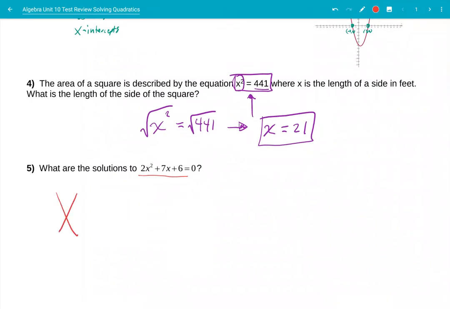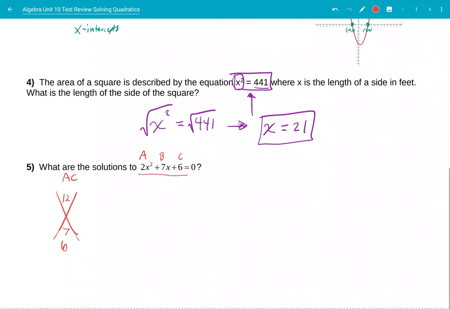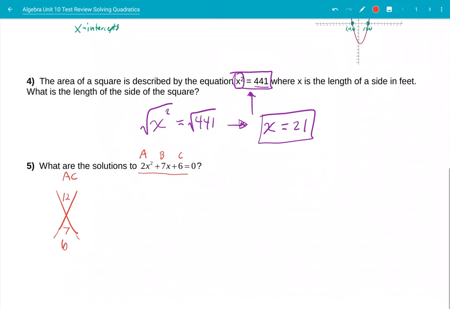Make a little x here, and we got a, c on the top and b on the bottom. A times c is 12, and b is 7. So we need 2 numbers that multiply together to get 12 and add together to get 7. Well, that's 3 and 4.